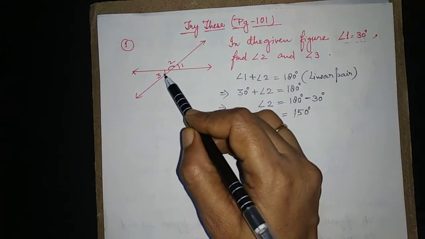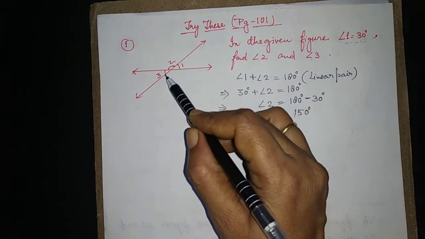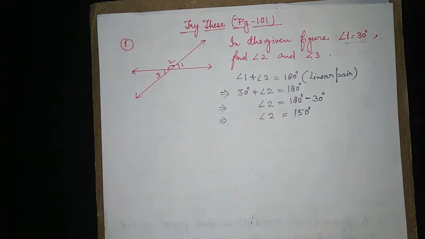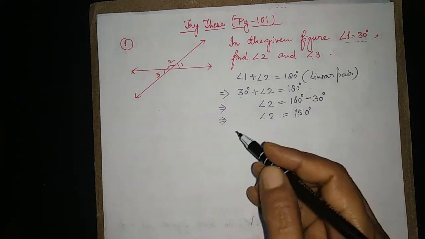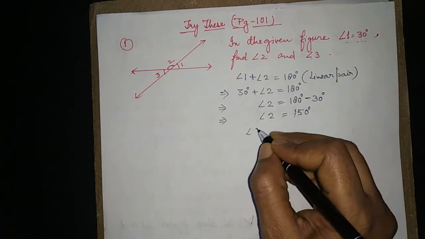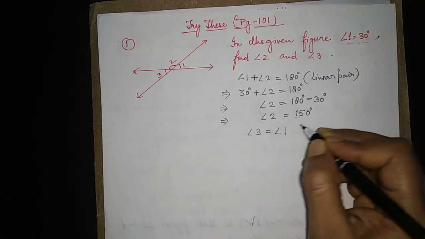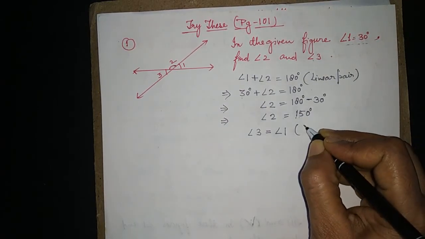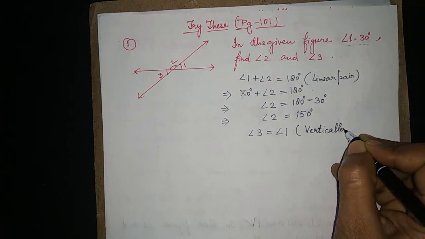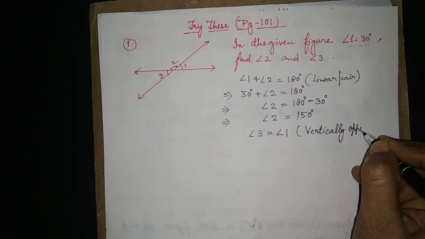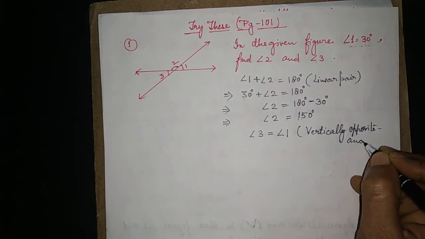So angle 3 and angle 1 are vertically opposite to each other. Okay. So here for angle 3, we will write angle 3 is equal to angle 1, and in brackets we will write vertically opposite angles.